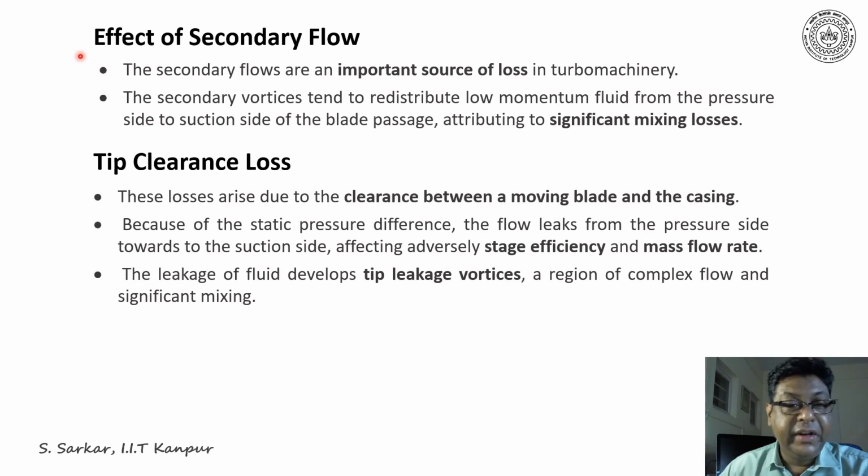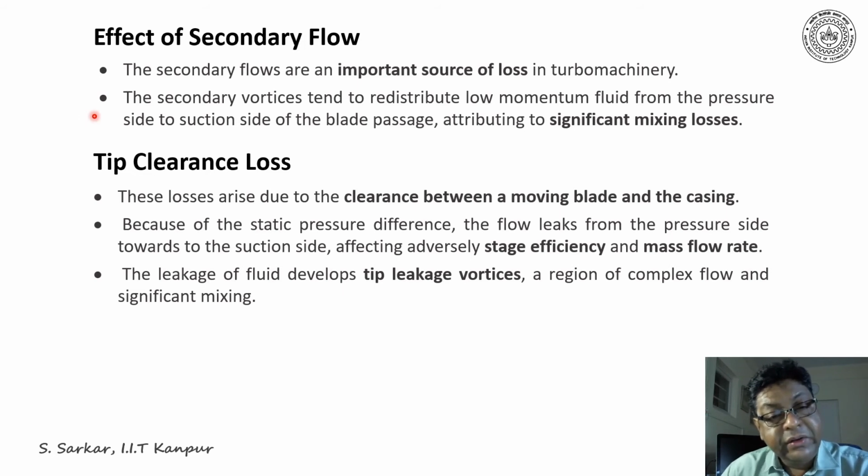Now let me explain about the effect of secondary flow. Secondary flows are an important source of loss in turbomachinery. We'll have to live with secondary flow. However, we should know how to minimize the secondary flow losses.